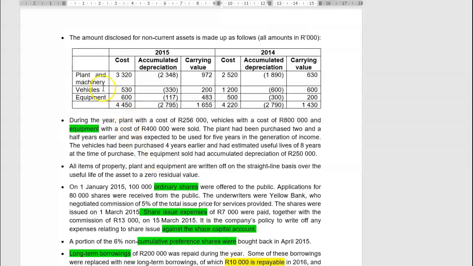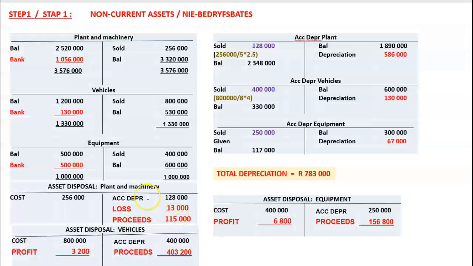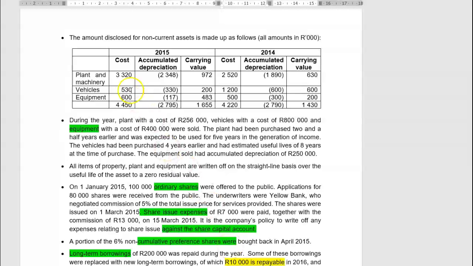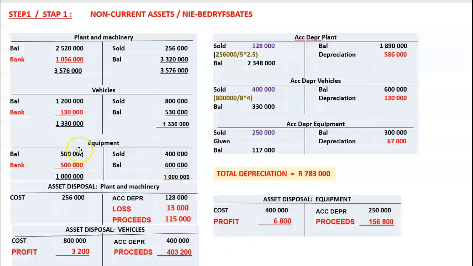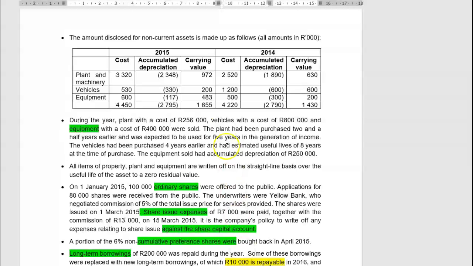Vehicles cost opening balance would have been 1.2 million, closing balance 530. Equipment, the opening balance of cost 500,000, closing balance 600,000.